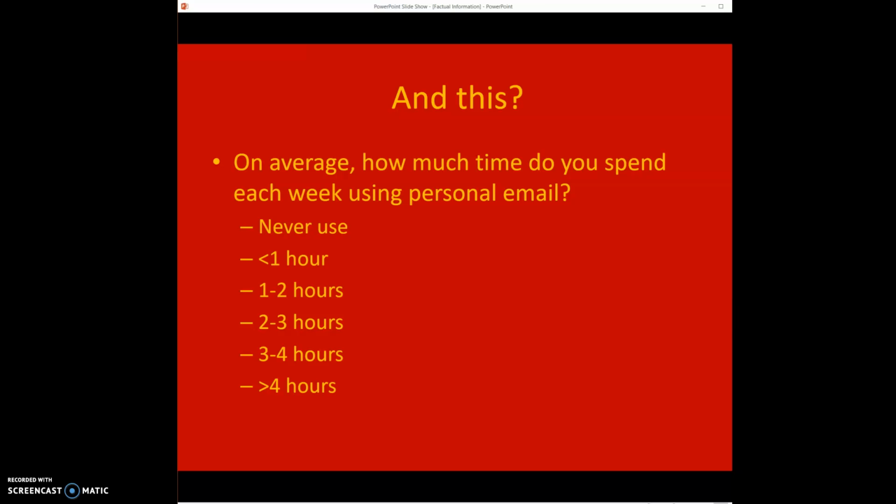How much time do you spend each week using personal email? The problem with this is that this one's okay, this one's okay, this one's okay. These are not okay because 1 to 2 hours overlaps with 2 to 3 hours. This is a very simple thing to miss. Really this ought to be 1 to 2 hours, 3 to 4 hours, and 5 hours or more.